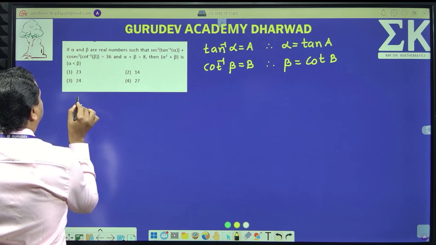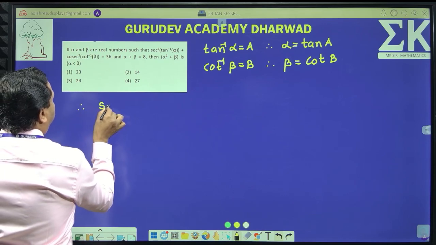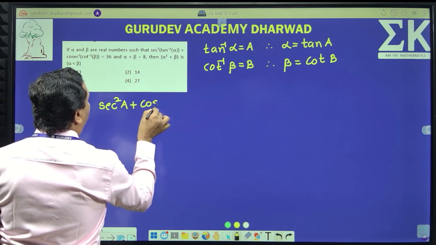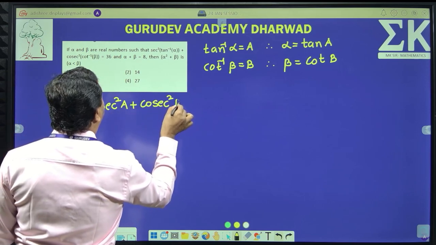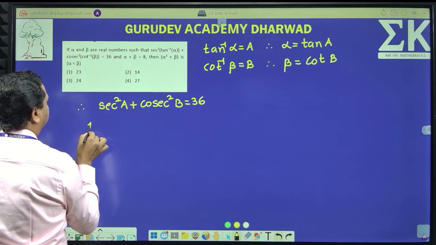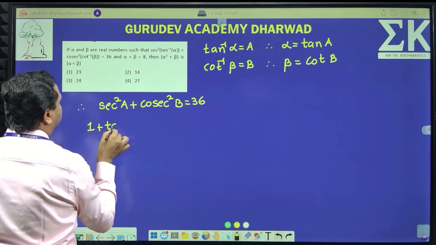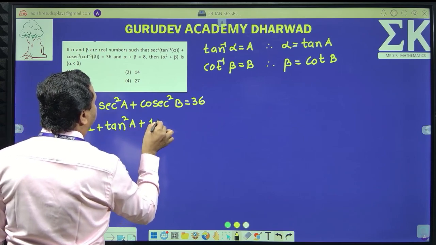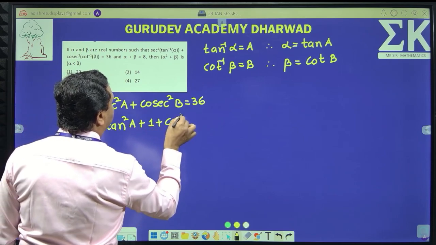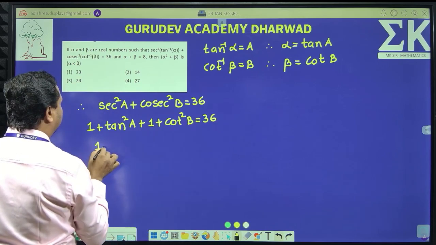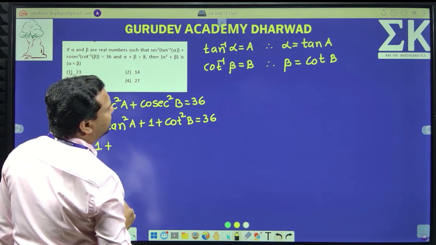Therefore, secant square A plus cosecant square B equals 36. What is secant square? 1 plus tan square A, plus 1 plus cot square B is equal to 36. 1 plus, what is tan square A?